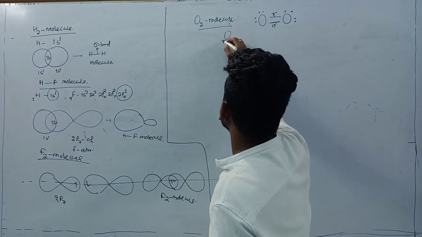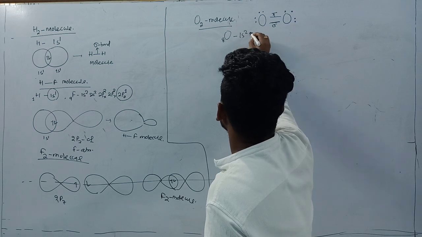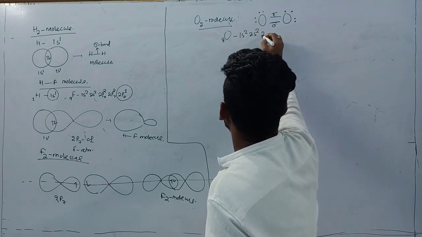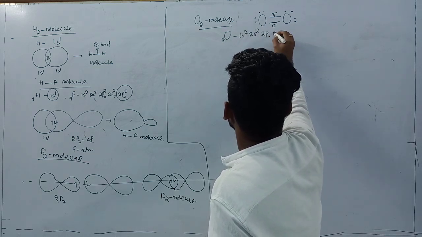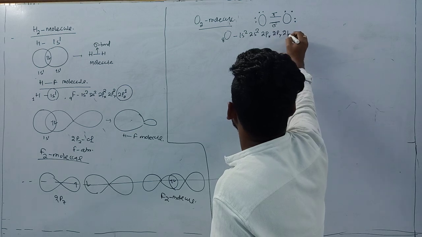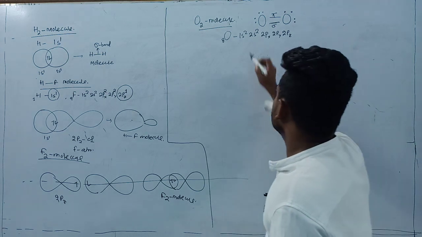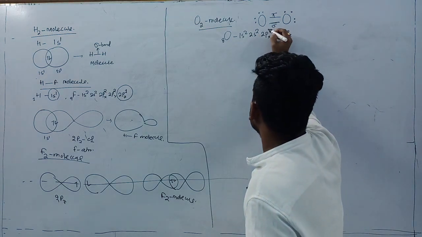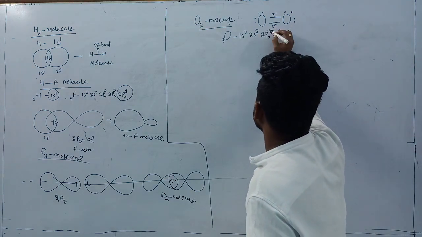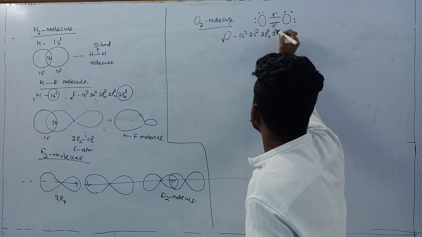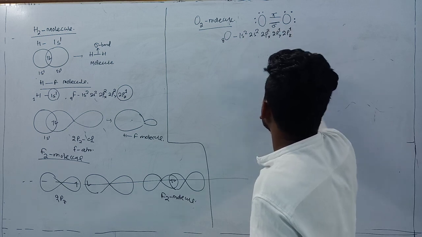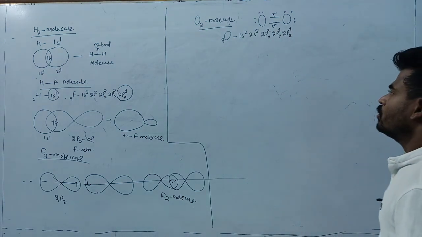So let us discuss how, by the orbital overlapping concept. Oxygen, atomic number 8, has configuration 1s2, 2s2, 2px, 2py, 2pz, with 8 electrons. So 2, 2, then 4, 5, 6, 7, 8. So here that will be 2, 1 and 1: 2py and 2pz having 1 each.